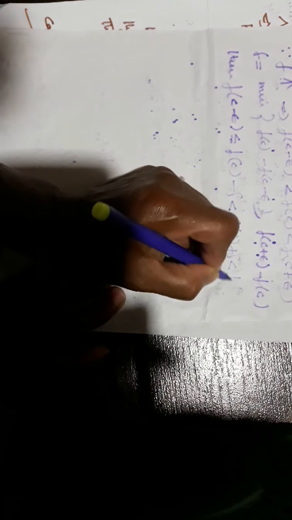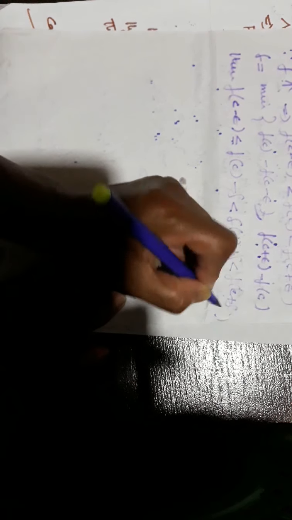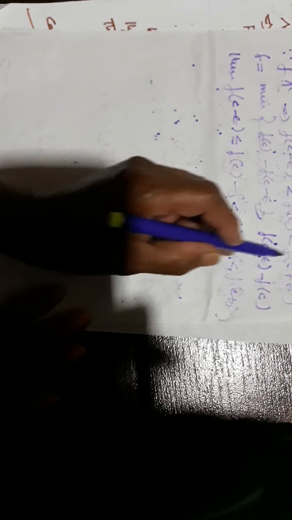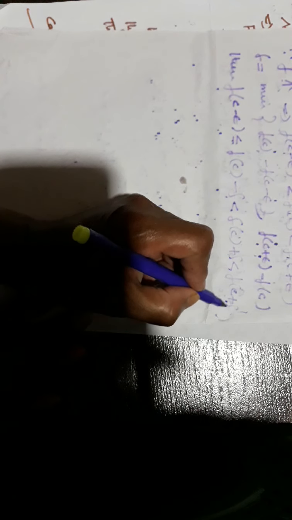Then clearly f of c minus epsilon is less than or equal to f of c minus delta, which is less than f of c plus delta, which is less than or equal to f of c plus epsilon, where delta is the minimum among these.